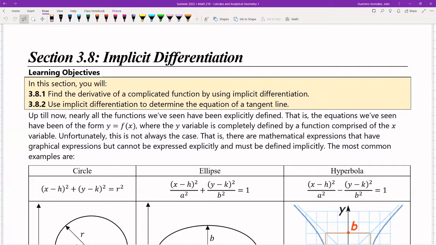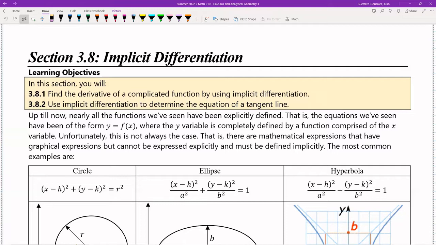For section 3.8, there's going to be a distinction that's going to be made, and that distinction is something that is implicit versus something that is explicit.